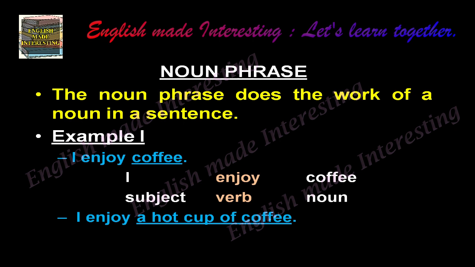Now look at the example. I enjoy coffee. So here, I is the subject, enjoy is the verb, and coffee is the noun. Now look at the next sentence. I enjoy a hot cup of coffee.